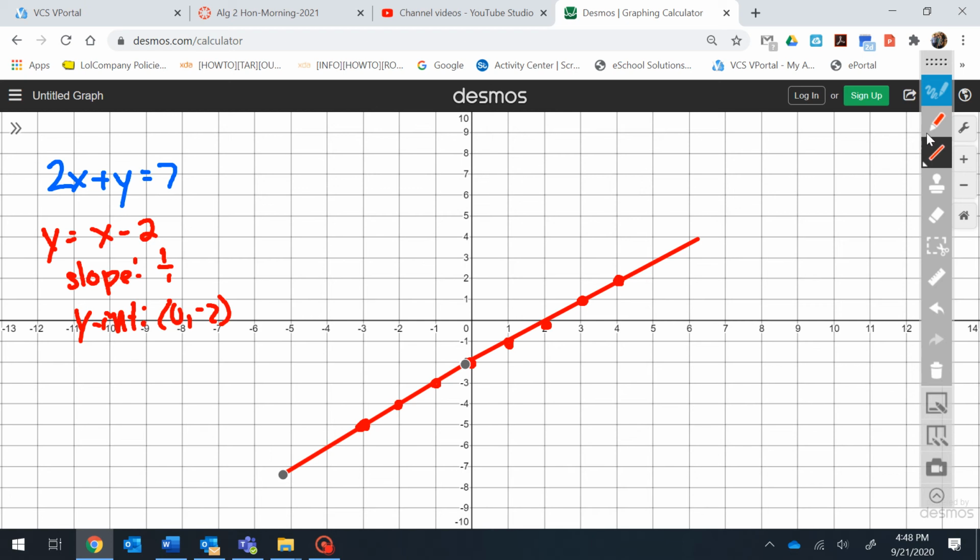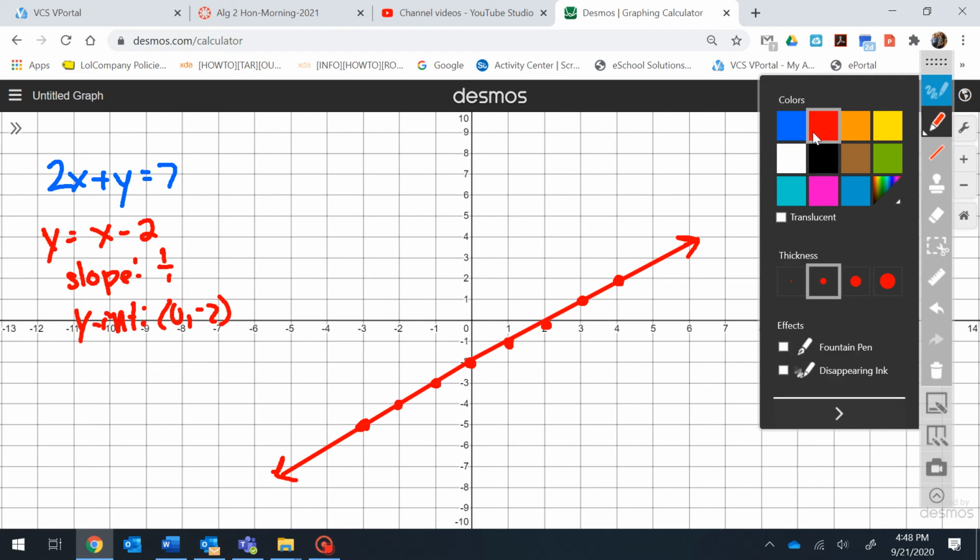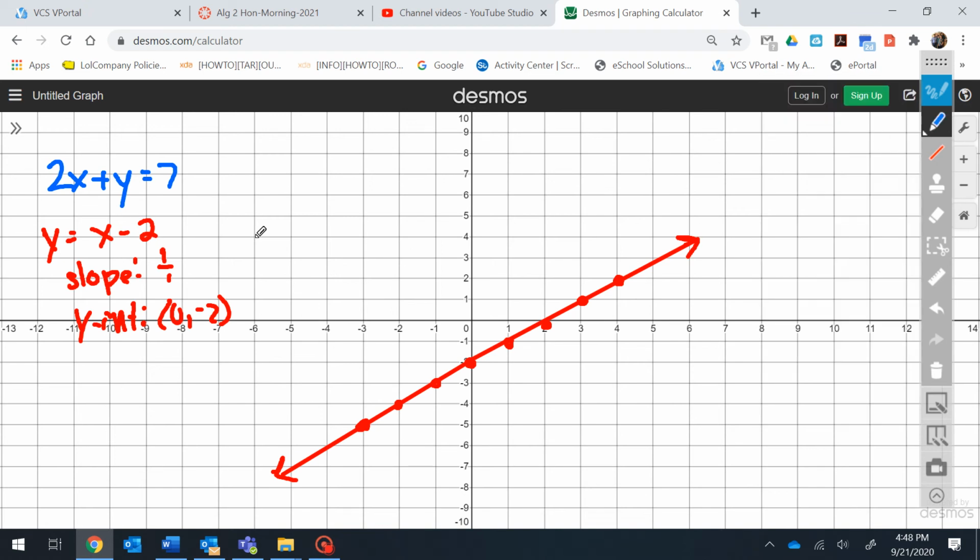Okay, let me draw the arrows on these to imply that they go on forever. Okay, the second line, 2x plus y equals 7. To get this in slope-intercept form, I just need to subtract the 2x. So we have y is equal to -2x plus 7. Slope of this is -2 over 1.